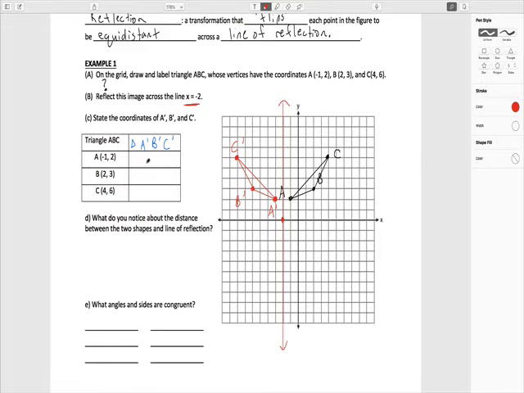Let's mark what that would be. So A would be at -1. Or no, not -1, sorry. We're going to use this origin right here. So this is over 1, 2, 3, up 1, 2.